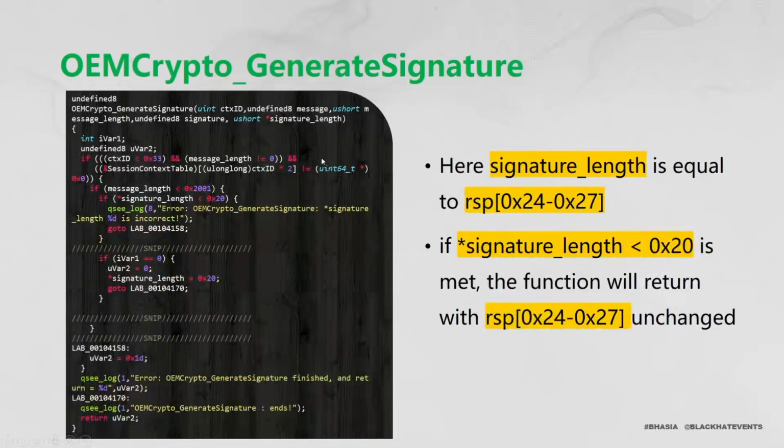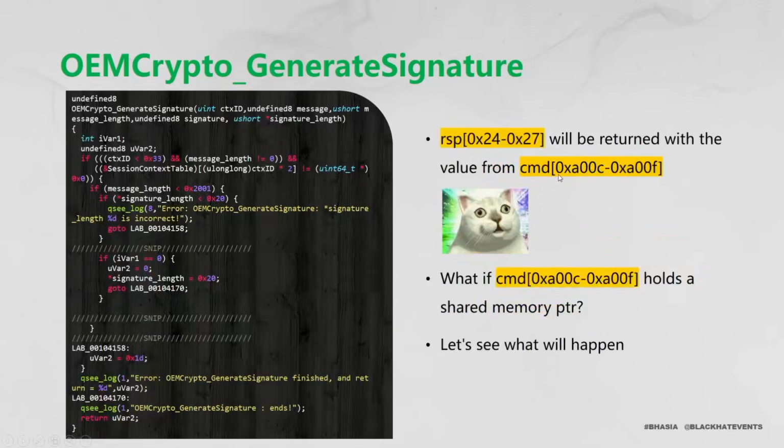But if there is an error, this function will return early and leave this value unchanged, which means there will be a copy from the command buffer to the response buffer, and there is a chance that it will not get modified and will be returned to the user.